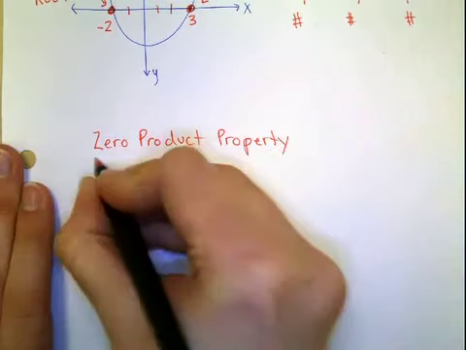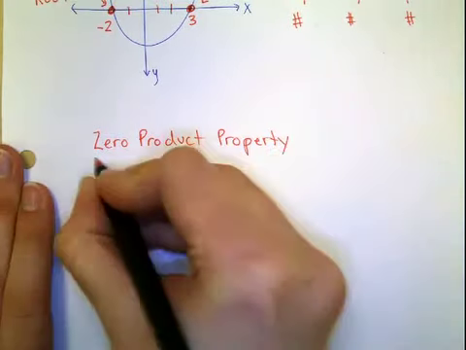If I told you I had 1/5 times 0, you'd still say 0. Even if I said 4x squared times 0, your answer is 0. So the zero product property has to do with this: anytime you're multiplying by 0, you get 0 as an answer.